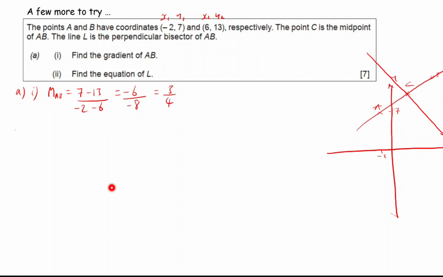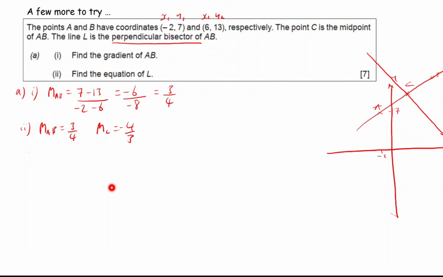Okay. Now for part 2, we've got a few things to do. Step 1 would be to find the perpendicular gradient, because the line is the perpendicular bisector. So if our gradient of AB is equal to 3/4, our gradient of L, the perpendicular bisector, is going to be 4 over 3, but changed to a minus 4 over 3.